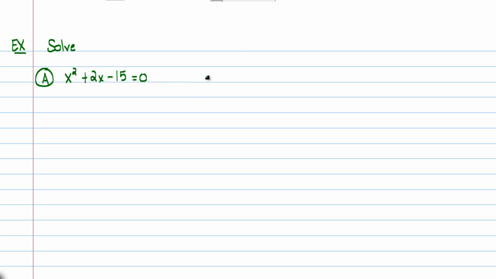So let me just see if this trinomial will factor. I know that it'll factor to x and 5 and x and 3. It's a negative 15, and we want to end up at a positive 2. So let's try this. And I see that it actually does factor. You can test this out, redistribute, and you'll find you get x squared minus 3x plus 5x, and finally a negative 15.